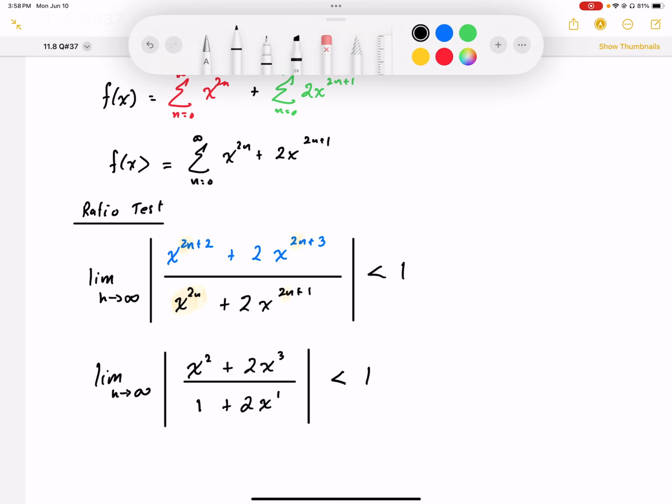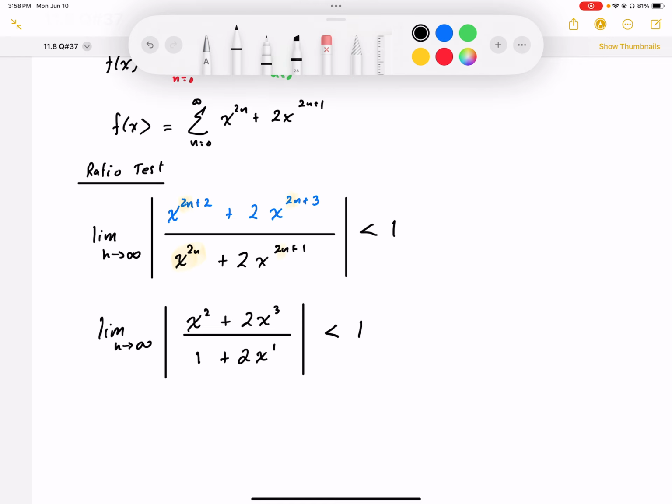Now this is going to be a little bit hard to apply a limit to because I no longer have n, and I have just x's here, so I need to simplify this before I evaluate my interval of convergence. I can just factor out an x squared, and I end up with 1 plus 2x in the numerator. In the denominator, I have 1 plus 2x. Those will cancel out.